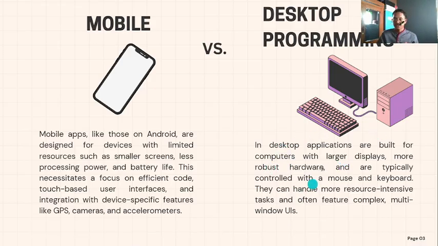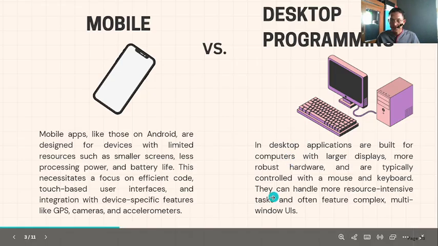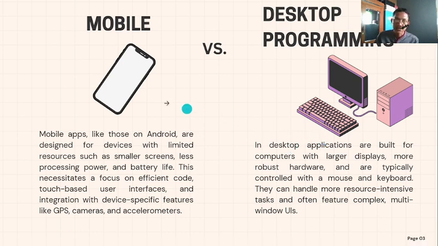Sa desktop naman sir is mas malaki yung display na pwede natin gamitin, yung monitor niyo po is mas malaki po siya compare sa mobile sir. And sa mga resources naman sir is mas madami siyang nakukuha, and then mas marami siyang kayang mga apps na mabibigat sir. Then kaysa sa mobile sir, konti lang po, and yun lang po.